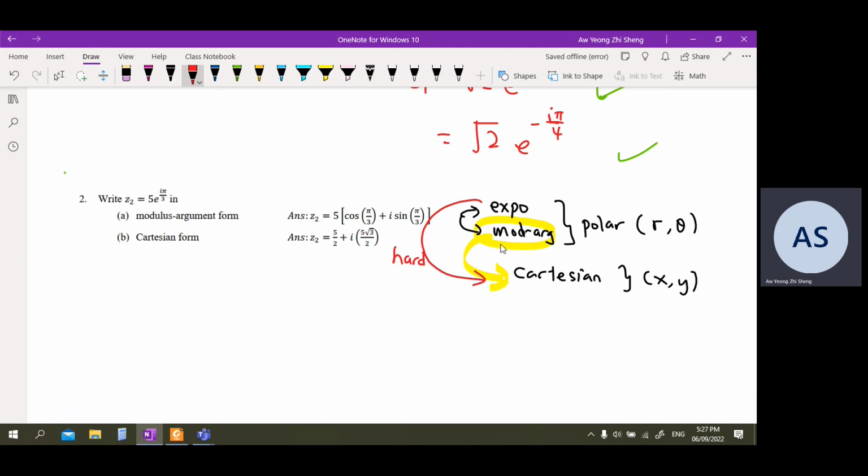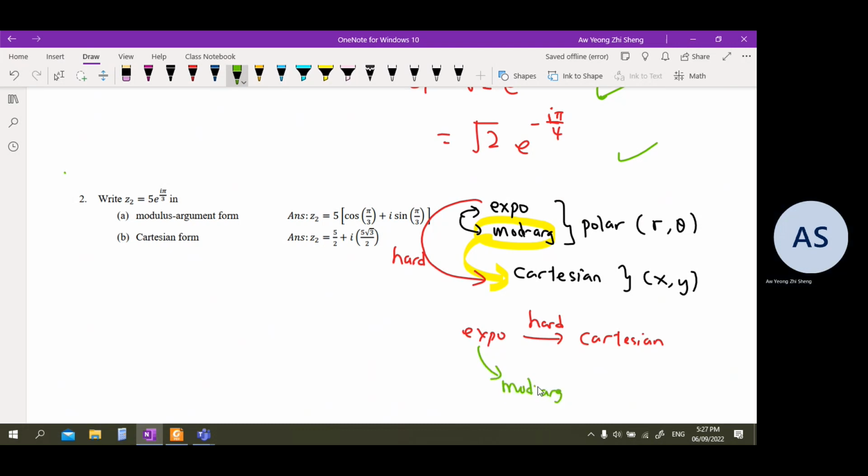So if you are asked to convert exponential to Cartesian, because it's hard to do, I will advise you to first convert exponential to modulus argument, and then only from modulus argument to Cartesian. Because exponential to modulus argument is very easy to do, you don't really need any effort here.